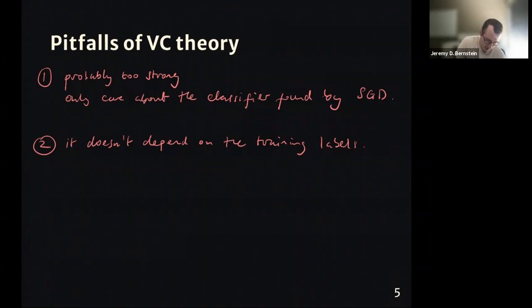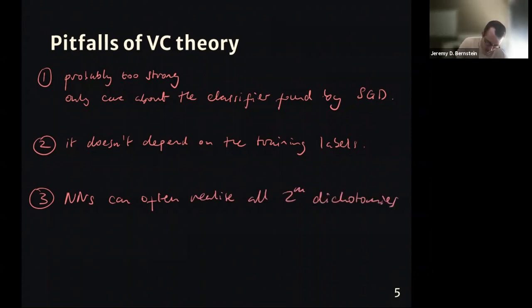Oh, and then the main thing is that neural nets can often realize all 2 to the m dichotomies and still generalize. So it seems like the VC theory stuff is very interesting, but it may just not be working in the right way for what we want in deep learning.